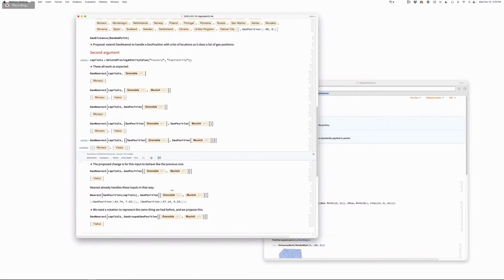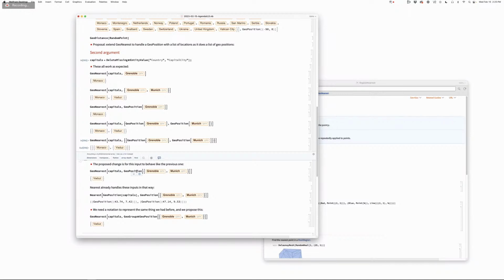Exactly. And I think that GeoGroup is a good solution because if we decide that it represents many positions, then you can use GeoGroup to disambiguate that, no, I actually mean one position, one object. But if we assume it means one object, there's no obvious way other than calling thread and making some gigantic expression with a bajillion geopositions.